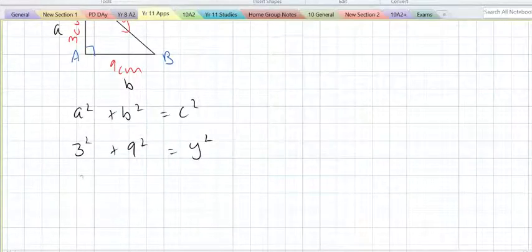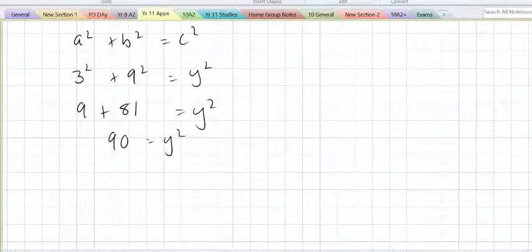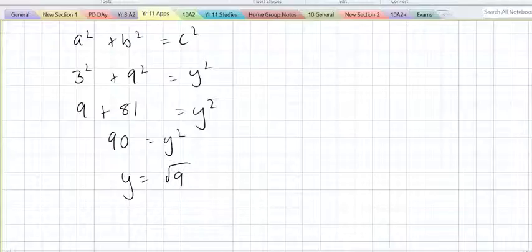Three squared is 9 plus 81 equals Y squared. Y equals the square root of 90. And we can leave it as that for now.